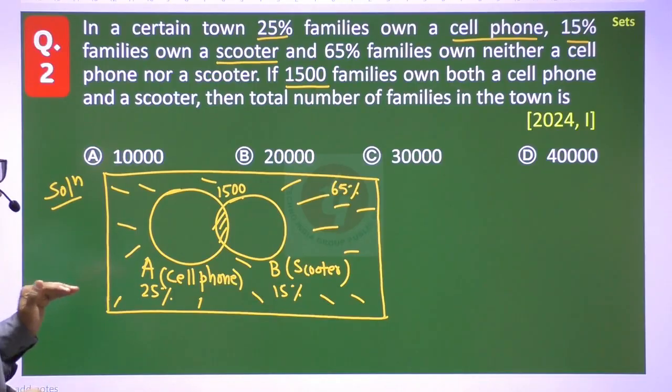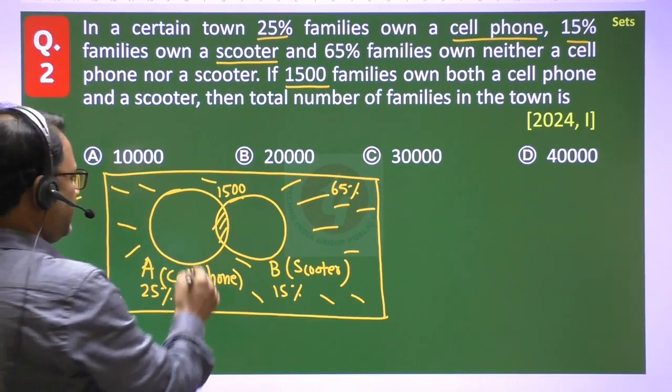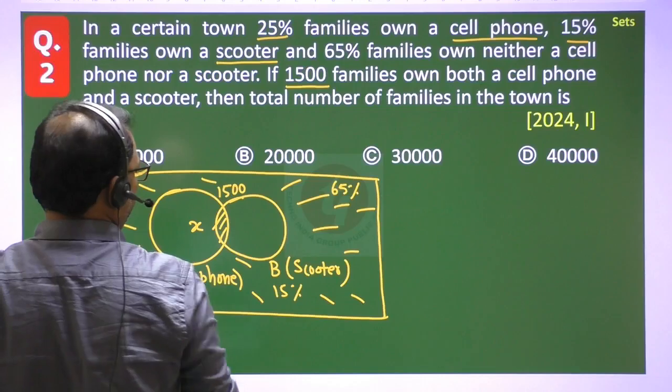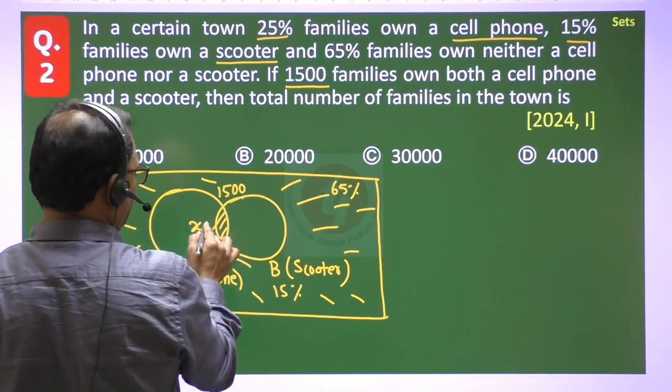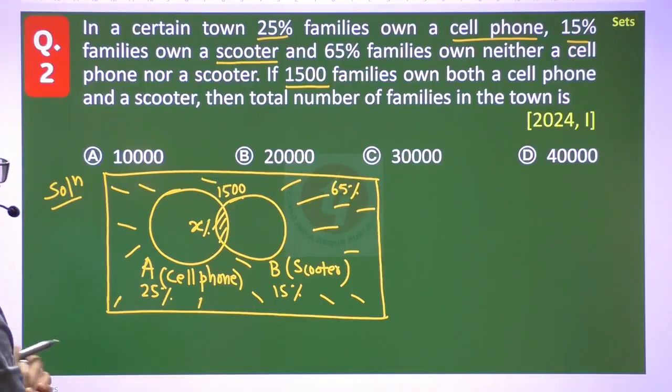Here you notice that some numbers are in percentage and one number is in number form. So suppose there is X percentage which is common to all, the intersection.